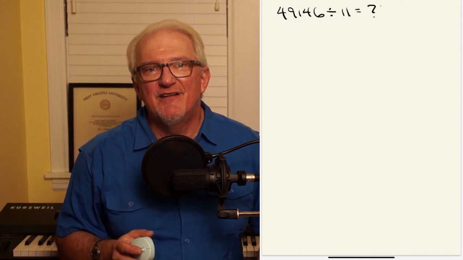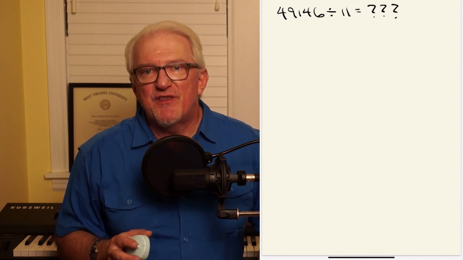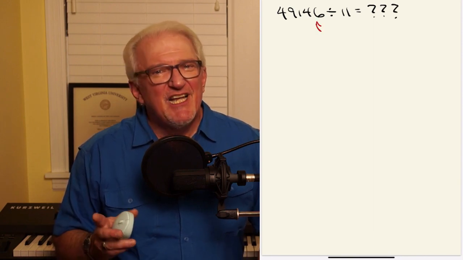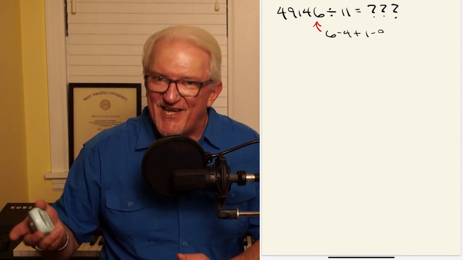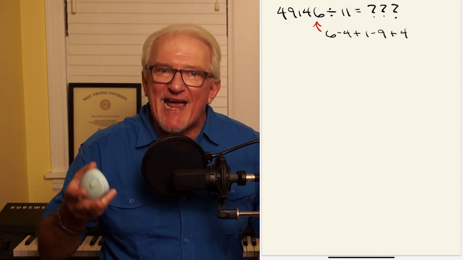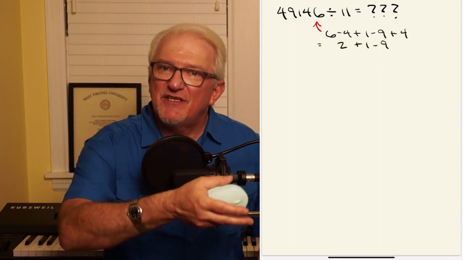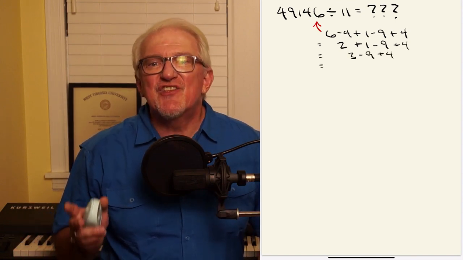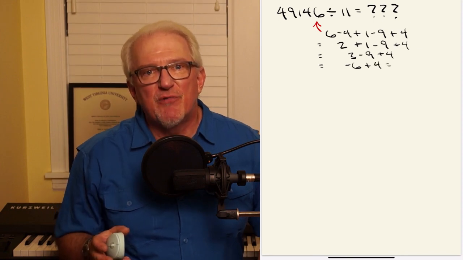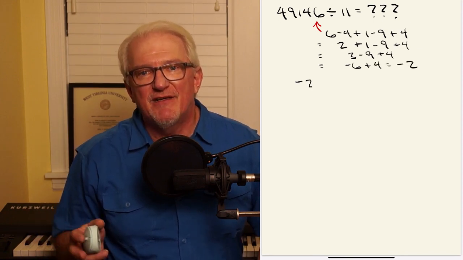Now, let's forget for a moment that we know the result of dividing 11 into 49,146 and see how to use Dodgson's observation to obtain the answer. First, we need to know the remainder that this division will produce. You might recall that by starting with the digit in the ones column, the 6, and alternately subtracting and adding the digits to the left of 6, we obtain a new number, namely -2, that has the same remainder that our original number will have upon dividing by 11.